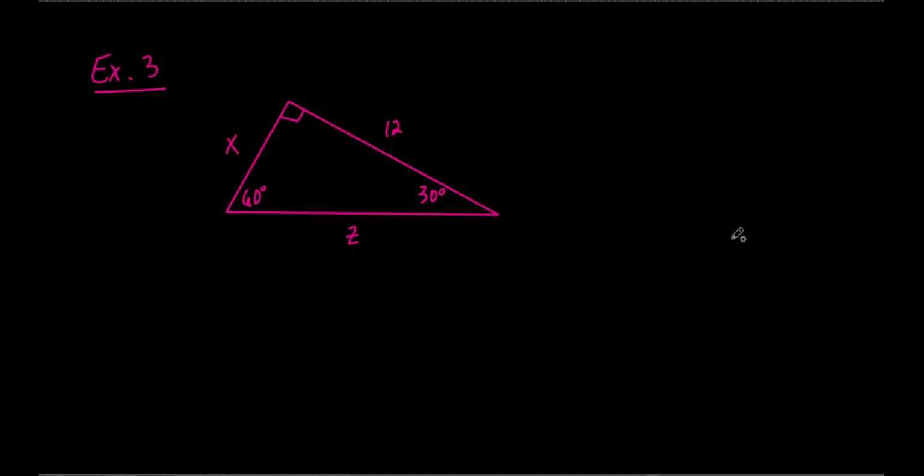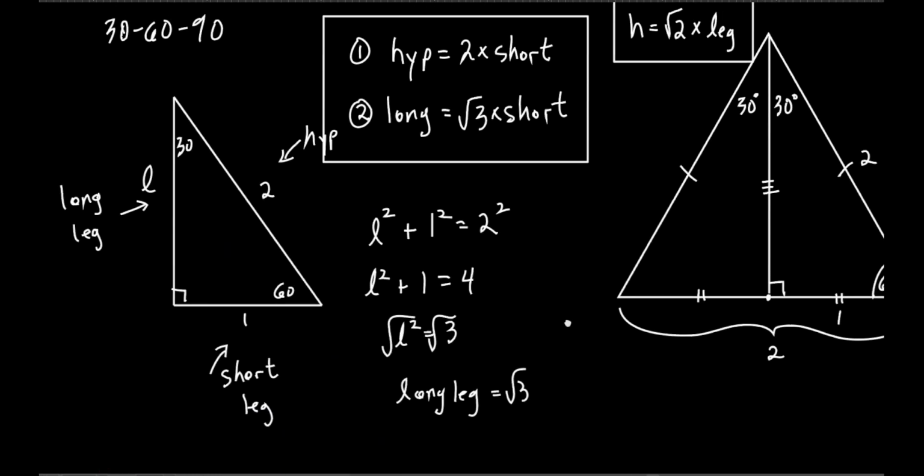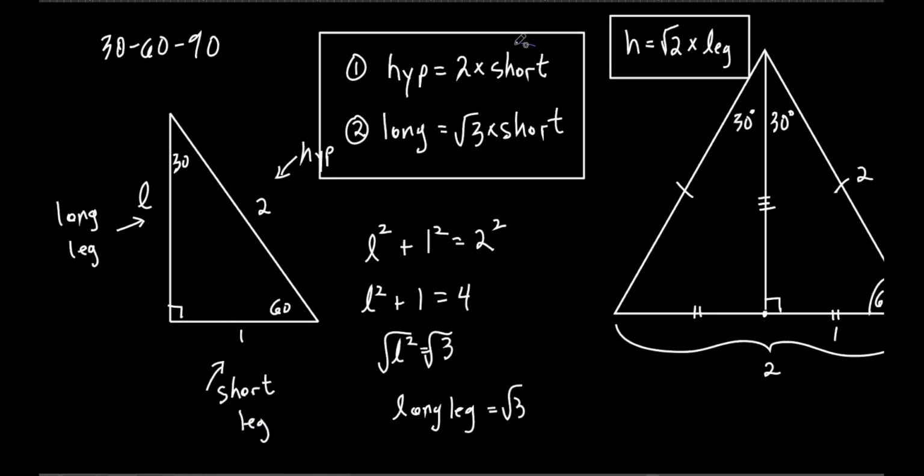So let's do that. Well, what do they tell you? If you notice this, let me go back to this. Did you notice that both of these are something times the short side?